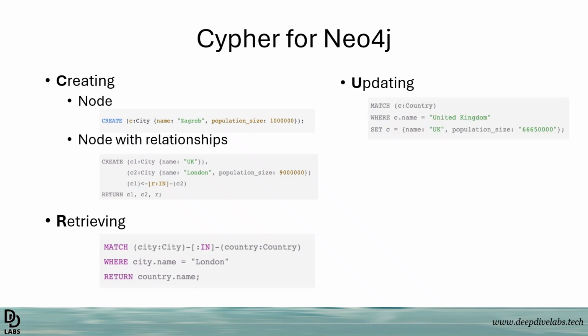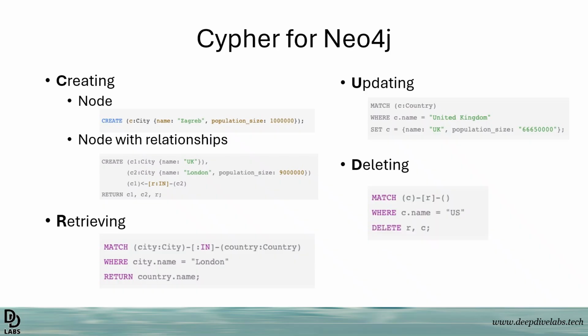So you can do retrieval, you can also do updating. After you match a country where your country name is so and so, you set the country name to UK instead of United Kingdom. We are just updating your database here.